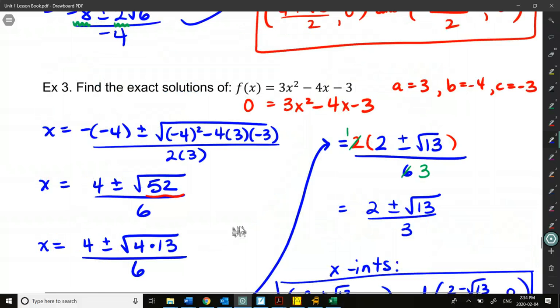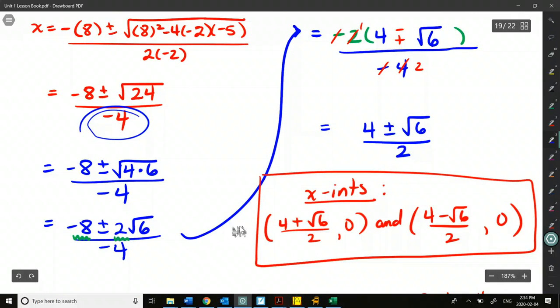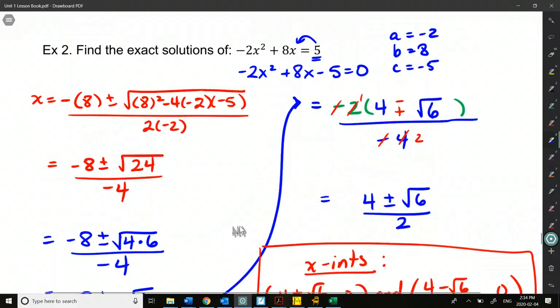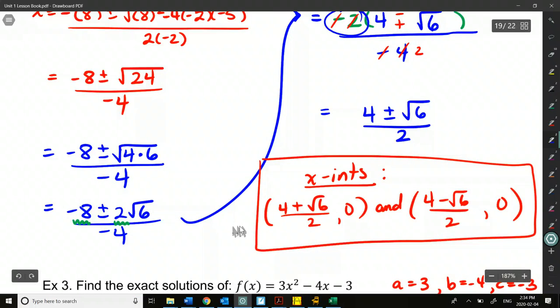Okay? Also, if you want to avoid having to do this bottom part where the bottom is negative and then common factoring out a negative, make sure your A value is positive. So in this case, if I wanted to avoid having to figure out this whole negative deal, I just don't want the A value to be negative, because then the bottom will become negative.